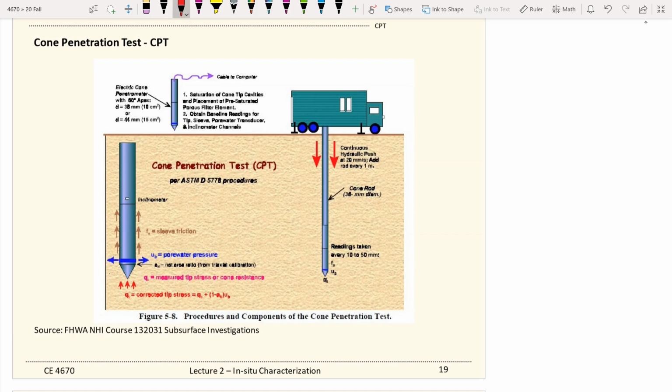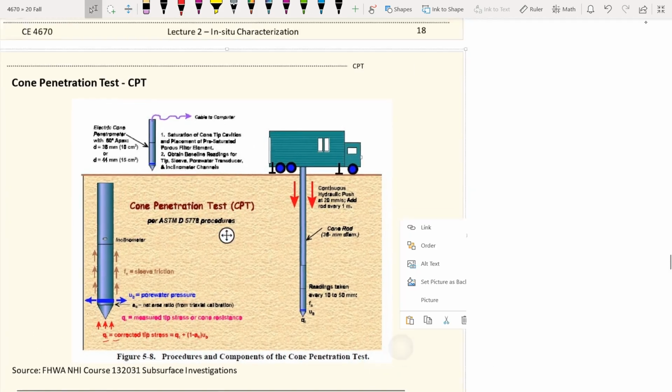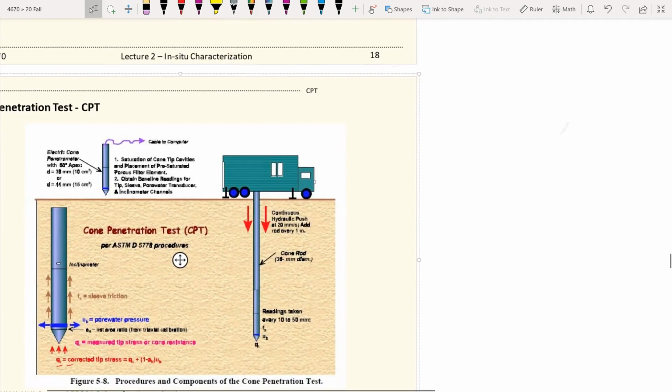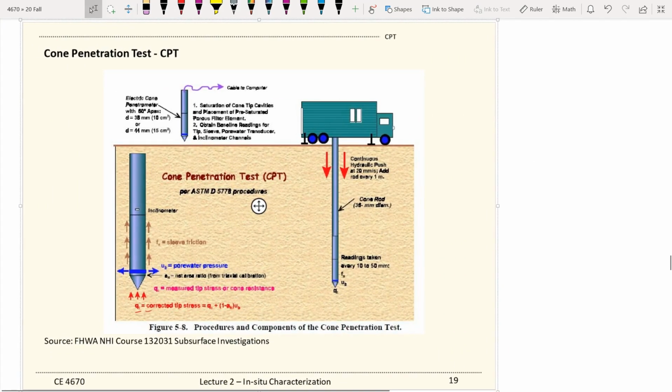So as the cone advances into the ground, we are measuring the tip resistance right there, and also the side friction, or they call this the sleeve friction. For a more advanced CPT device, you will have pore pressure sensors right there, so you can also measure the water pressure.